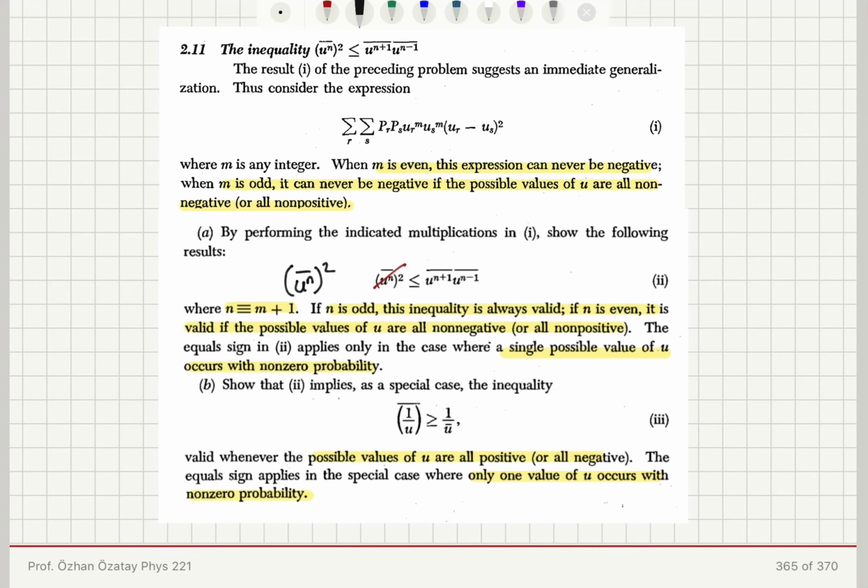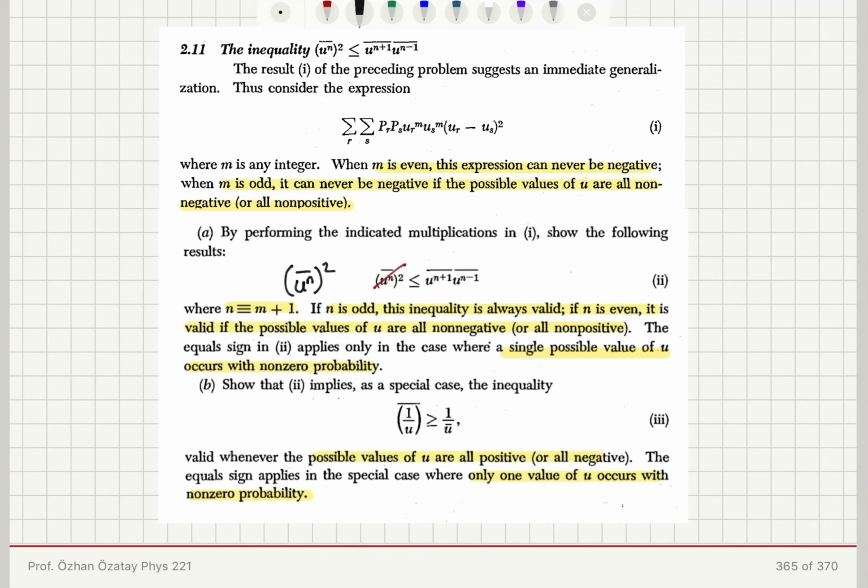When m is even, you have U_R to an even power, U_S to an even power, and (U_R minus U_S) squared. P_R and P_S are probabilities, numbers between 0 and 1, so this is greater or equal to 0. If m is odd, then it depends on the product of U_R and U_S. If they are both positive or both negative, the product will be positive. So only for all non-negative or all non-positive values of U_R and U_S is this going to be greater or equal to 0.